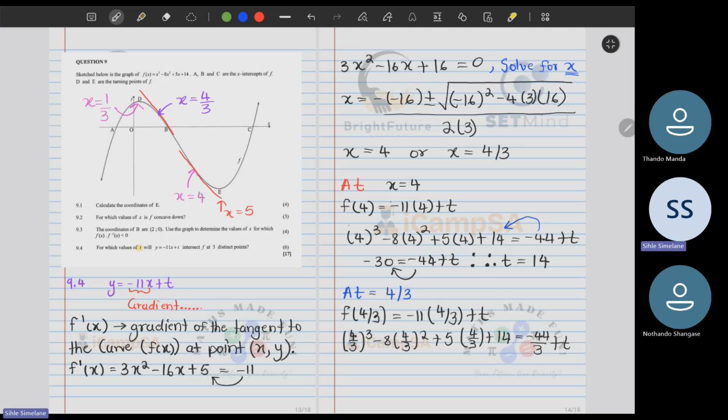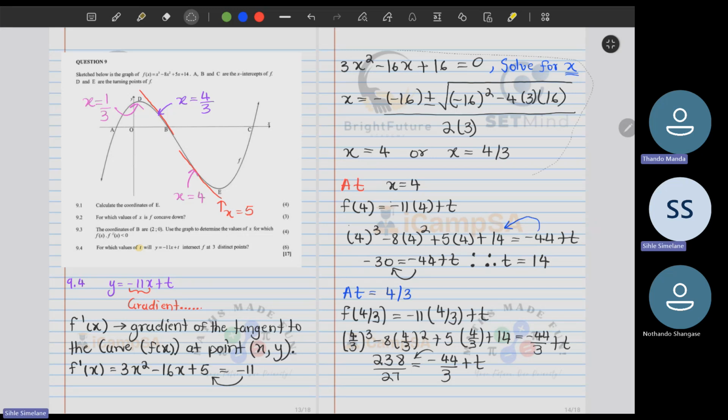Should be a fraction. It's 238 over 27. And this is negative 44 over 3. So I need you to add 44 over 3 to that answer.